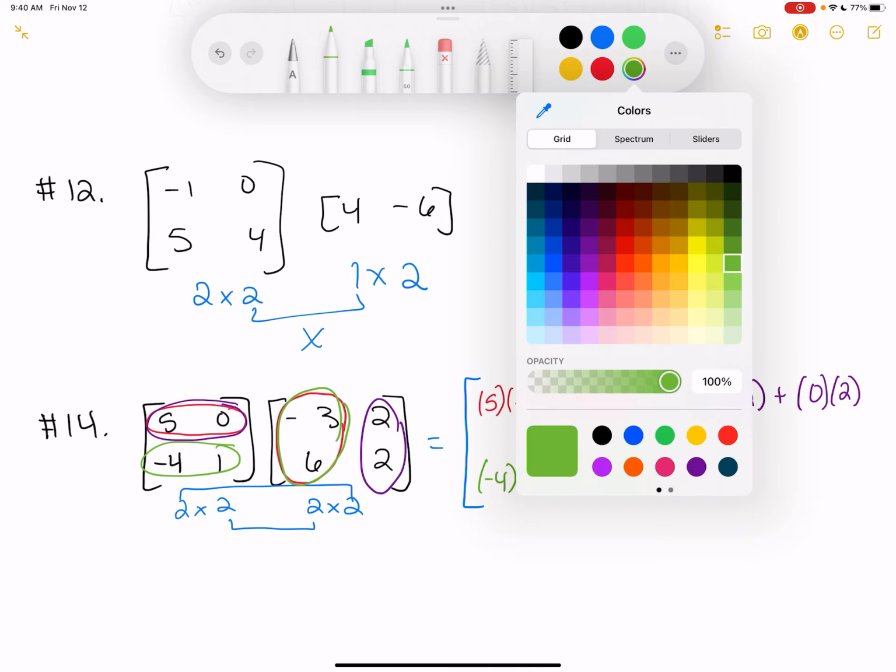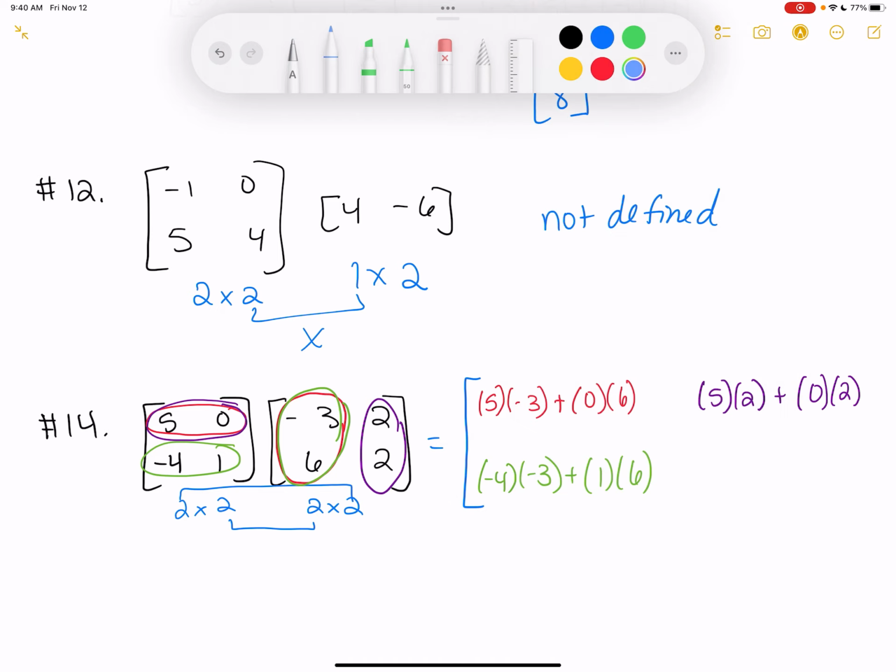Let's use a different color, this weird blue. You don't have to color code when you do it. I'm just showing where the stuff is coming from, because it can be confusing. Then second row, second column goes in this bottom spot: -4 times 2 plus 1 times 2.